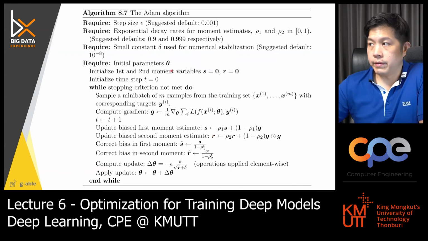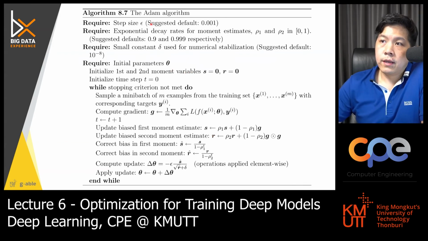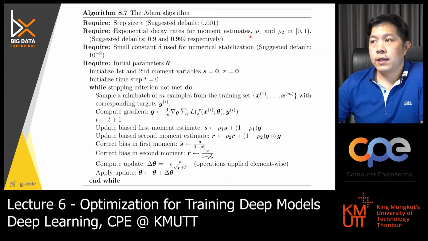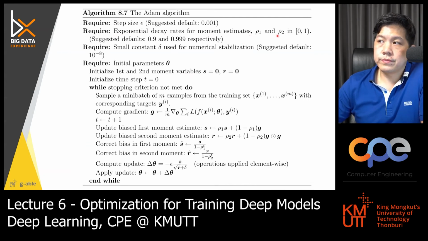Okay, let's take a look at the algorithm. This will be a little bit longer than the earlier one. We first have this step size, epsilon, and the exponential decay for the moment estimates, rho 1 and rho 2, which need to be specified. And the small constant for numerical stability, and also the parameters.